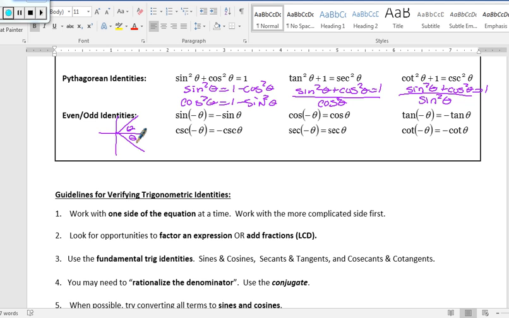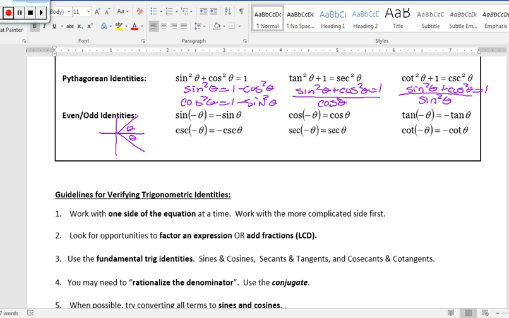So for the sine family, y is positive in 1, negative in 4, so the negative gets pulled to the outside. For the cosine family, as we move from quadrant 1 to 4, the x stays positive, so I'm just calling it like the negative gets absorbed. Tangent also, as you move from 1 to 4, we have a sign change, so for the tangent family, that negative will be pulled to the outside.